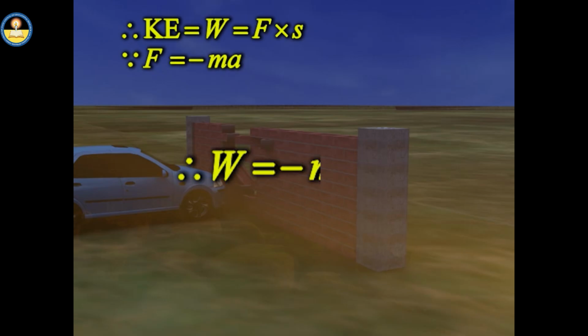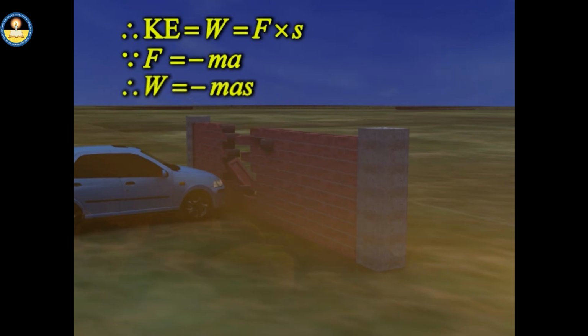Therefore, the work done against the opposing force F becomes equal to the product of the mass, acceleration, and the displacement of the body. Here, the negative sign shows that the force and the displacement are in the opposite direction.